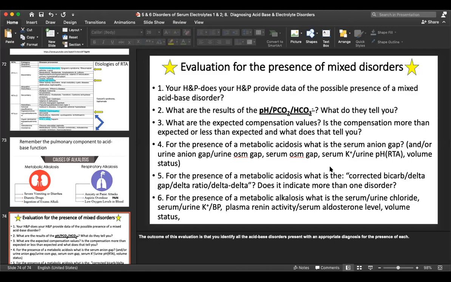When there is a hypertonicity, the body acts by releasing what?